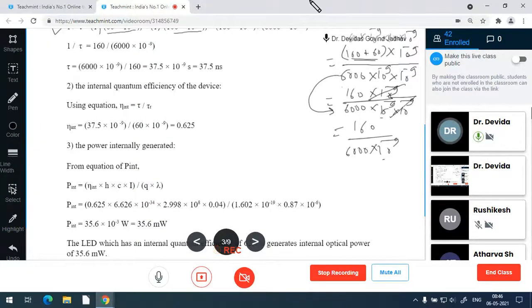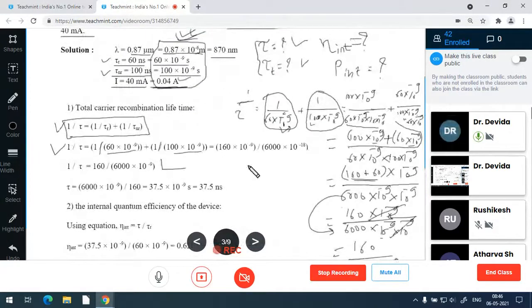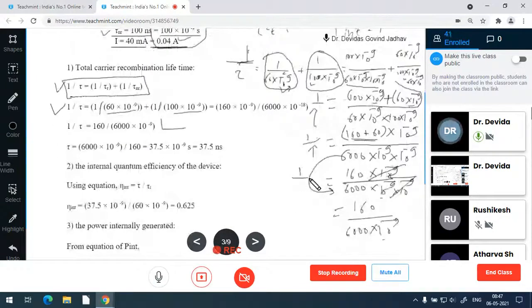So what will be the answer? 160 divided by 6000 into 10 raised to minus 9 is this. So what is this calculation? This is 1 upon tau. We can say capital T also, 1 upon tau. Tau is the total carrier recombination time.